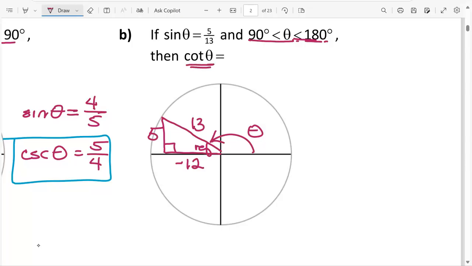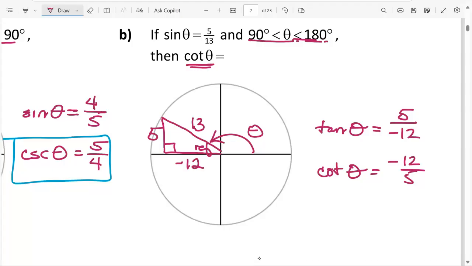We're asked to find the cotangent ratio. Cotangent is the reciprocal to tangent, so I'm going to start by finding the tangent. The tangent is 5 over -12, opposite over adjacent. So we can just flip that or find the reciprocal to find the value of cotangent. So cotangent of theta is equal to -12/5.